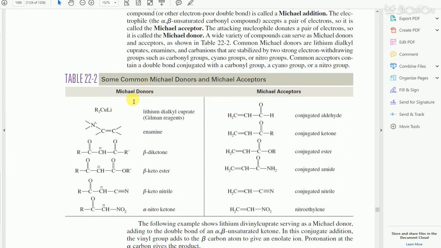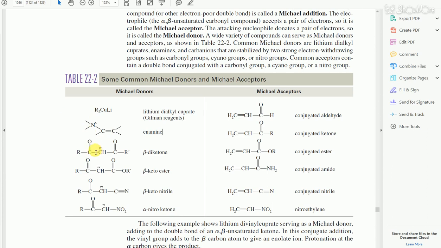And so Michael donors, aside from the first two, is a cuprate, organocuprate, the Gilman reagent, lithium cuprate. And then the second one is the enamine. So basically, your Stork. Then the rest are these beta-diketone, beta-ketoester, beta-ketonitrile, beta-nitroketone. Basically, your malonic looking structures. So your two carbonyls.